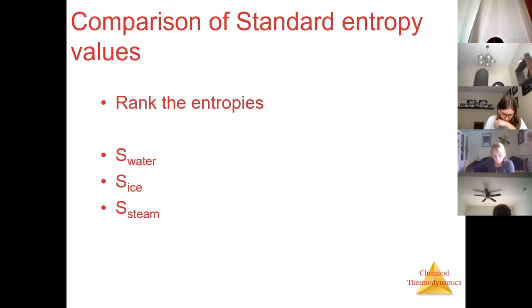So, ice, water, steam. Is that an increasing entropy or decreasing entropy? Decreasing. You said ice to water to steam is decreasing. Increasing. Increasing, because I'm going to a gaseous state.